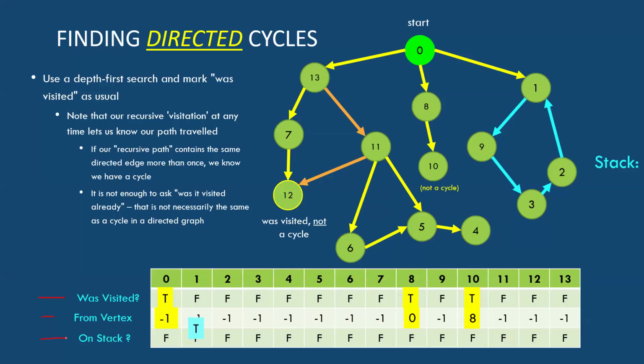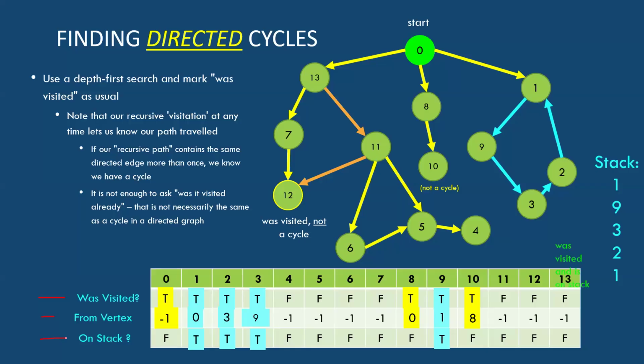So I go to one, visited, from vertex, on stack. 9, visited from 1, on stack. 3, visited from 9, on stack. 2, visited from 3, on stack. And here's where we find our cycle. We say, okay, I came to this.